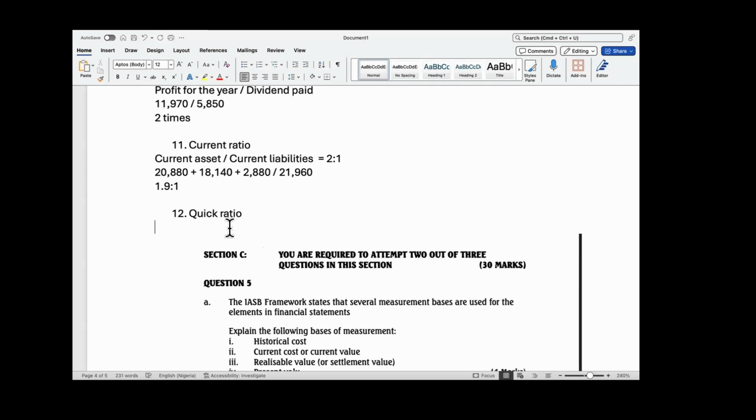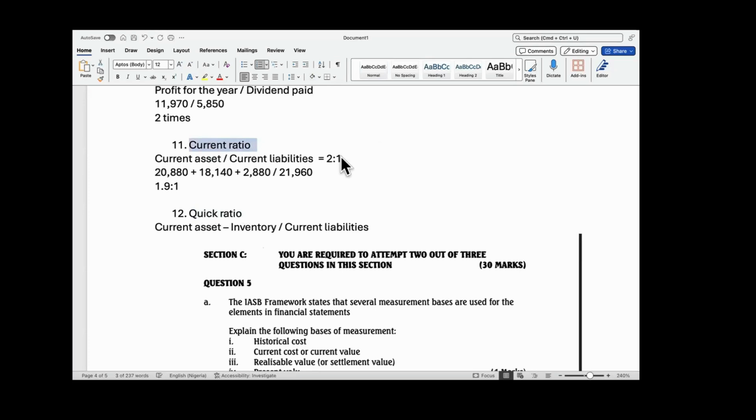So how do we get quick ratio? Quick ratio is current assets minus inventory divided by current liabilities. So this ratio and this ratio, they are liquidity ratios.